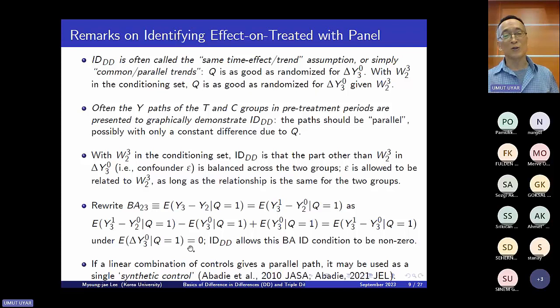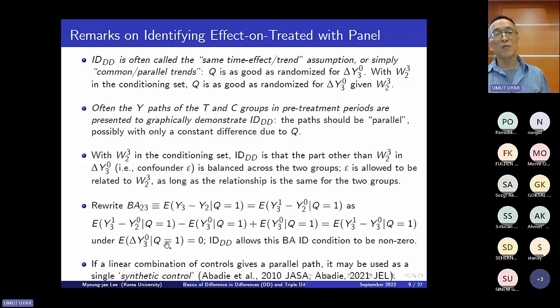However, this identification condition of BA is restrictive. And this is unlikely to hold if you compare two photos 10 years apart, right? Then this cannot be true. If you compare two photos a couple of weeks apart, this is okay. So what DD does, DD allows this expression to be non-zero.